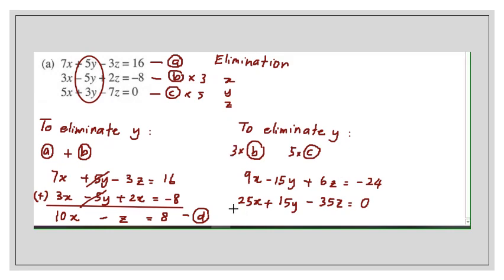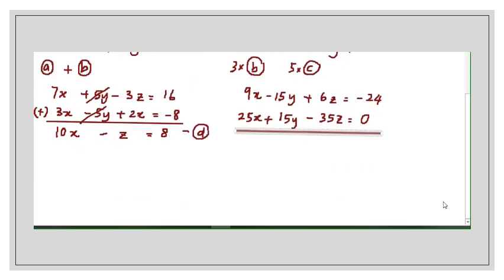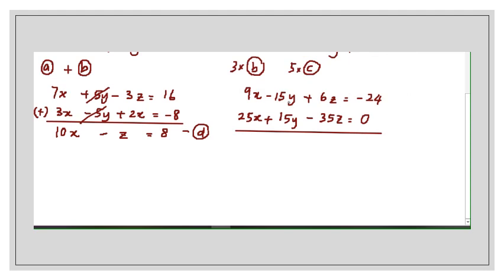For your answer, after we do minus or plus, your answer must have 0 value of y. We must do so that negative 15y and positive 15y equal to 0 right here.